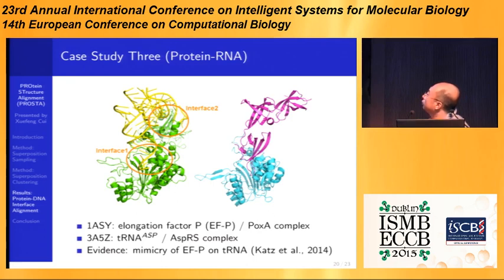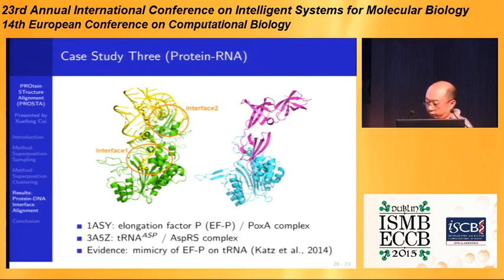So this is the elongation. On the right side is the elongation P factor, PROX-A complex. On the left side is the tRNA as per RS complex. Recent work reveals the mimicry of EFP on the tRNA structure.